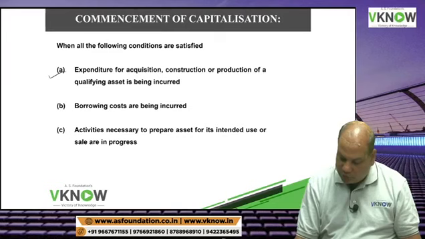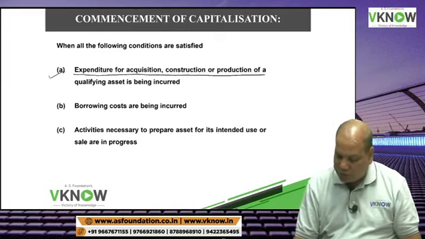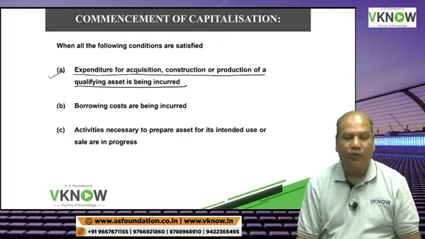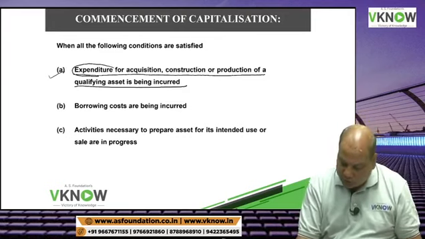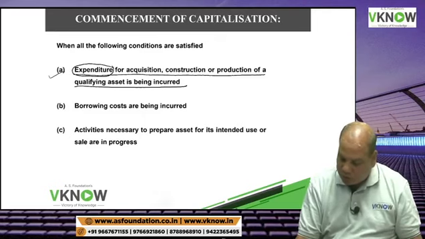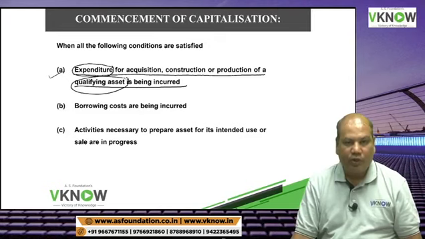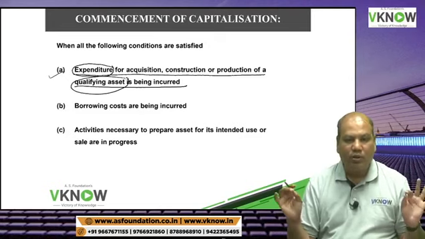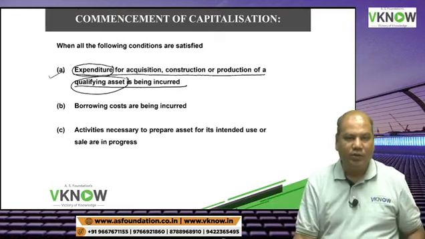The first condition is that expenditure on acquisition, construction or production of a qualifying asset is being incurred. So you must have some expenditure incurred on a qualifying asset.